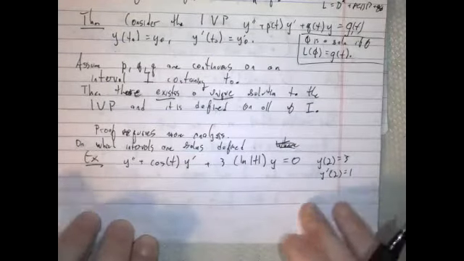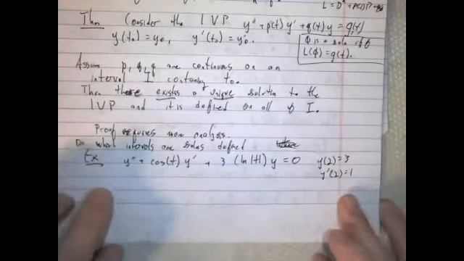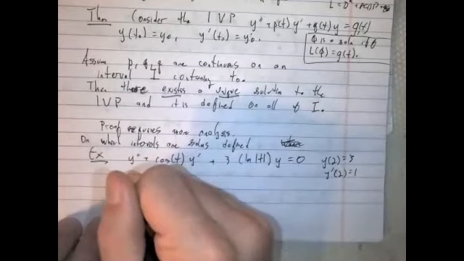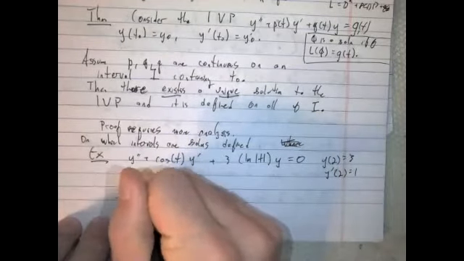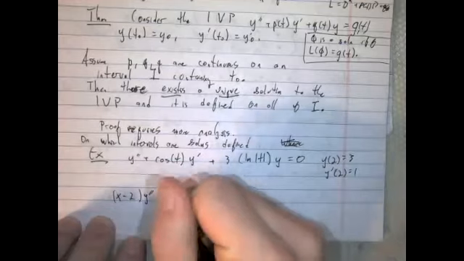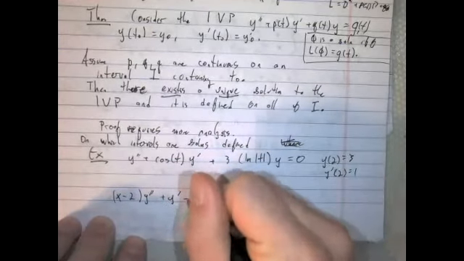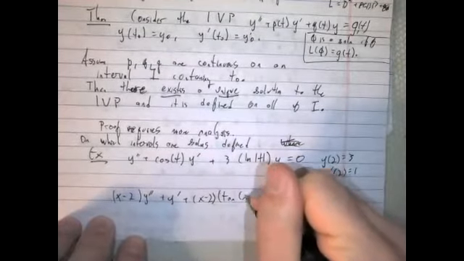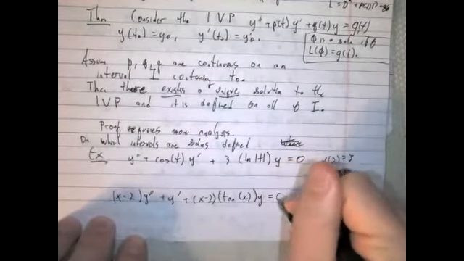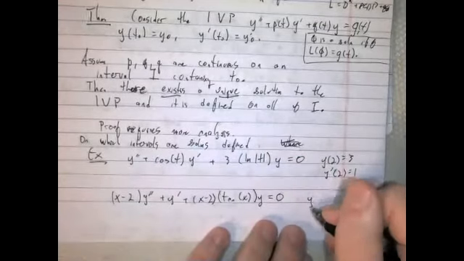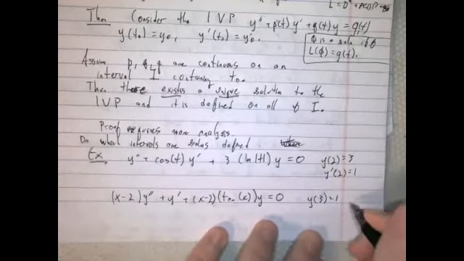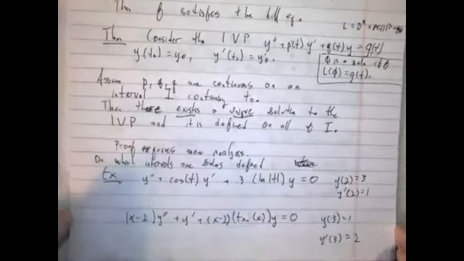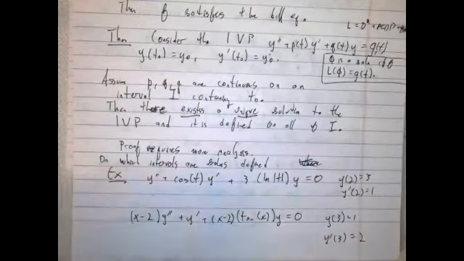So here's one IVP where I'd like you to find the largest possible domain on which I can have a solution. And then the second one: x minus 2 times y double prime plus y prime plus x minus 2 times tangent of x times y equals 0, with initial data y of 3 equals 1 and y prime of 3 equals 2. Why don't you give these a shot for a minute or two.